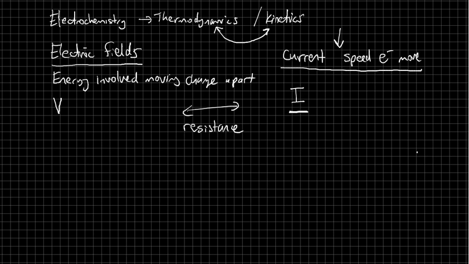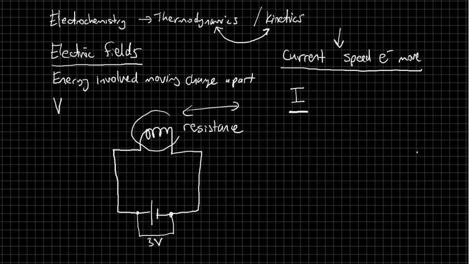And so let's have an example here. A battery sets up an electric field inside of this wire, like so. So if I was to put a multimeter across here, we would read 3 volts. Okay, let's say it's a little pen battery or something like that.